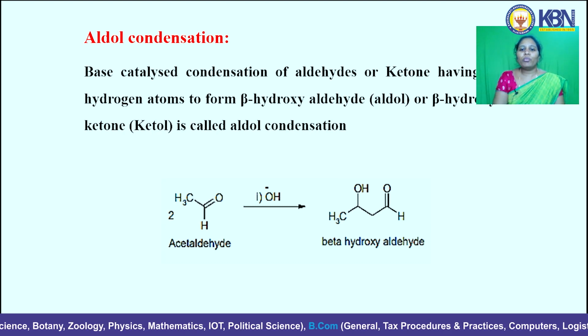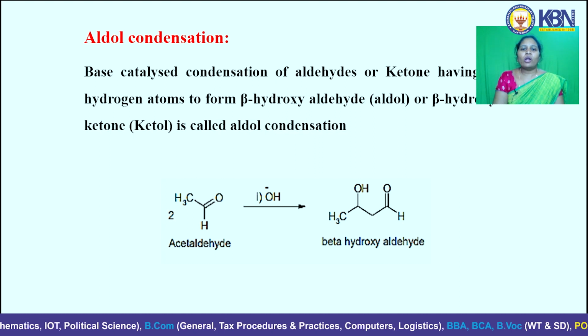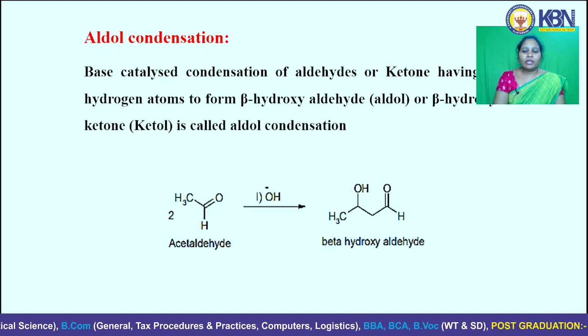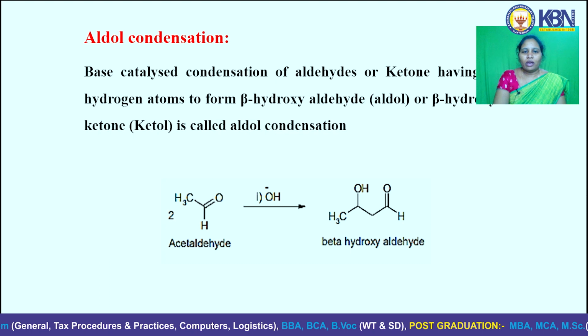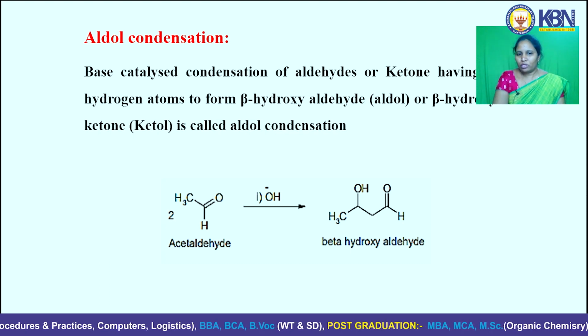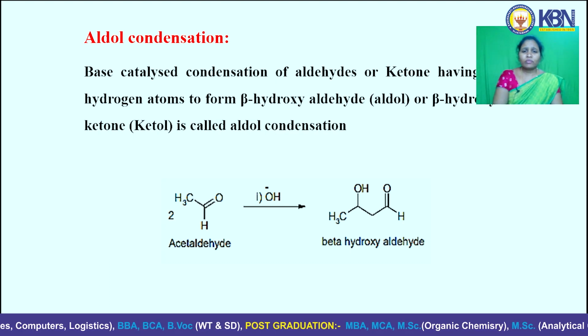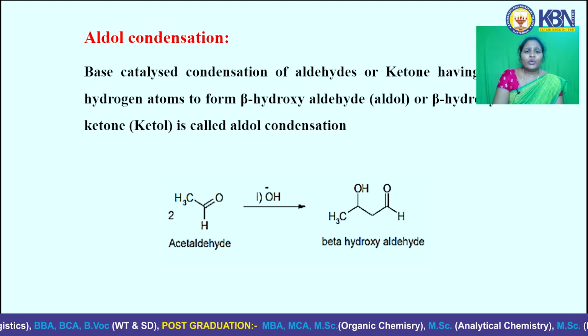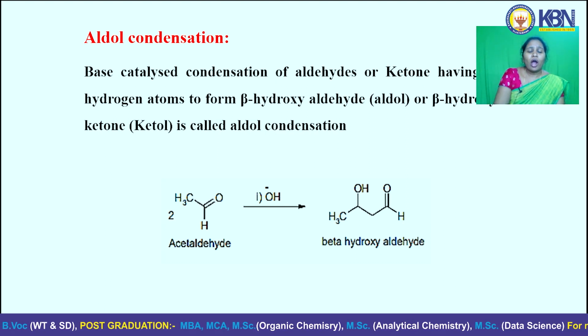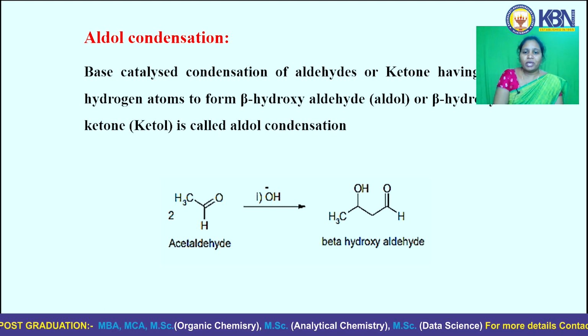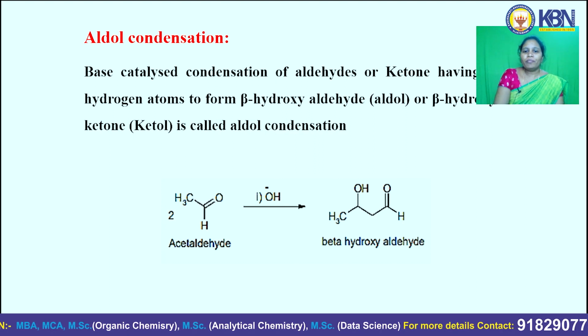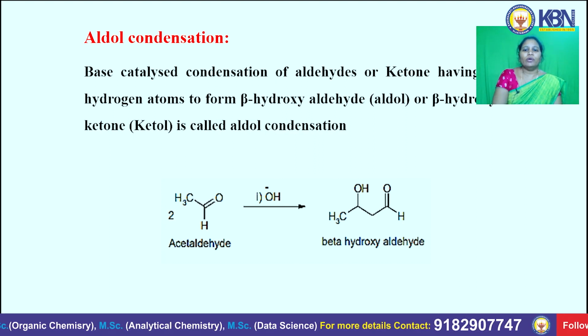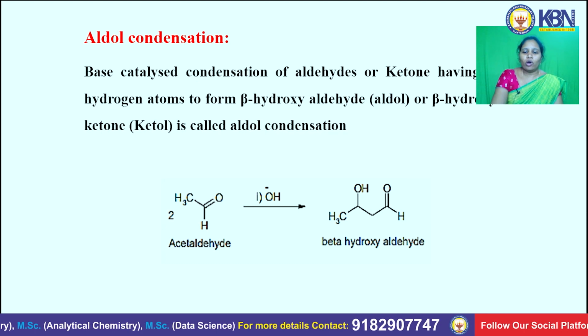Here the resultant compound is aldol, hence this reaction is called aldol condensation. Let us look at the reaction. Here two molecules of acetaldehyde condense in presence of base and form a beta hydroxy aldehyde, which is called aldol.